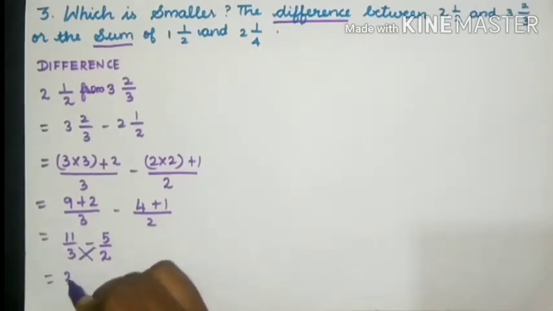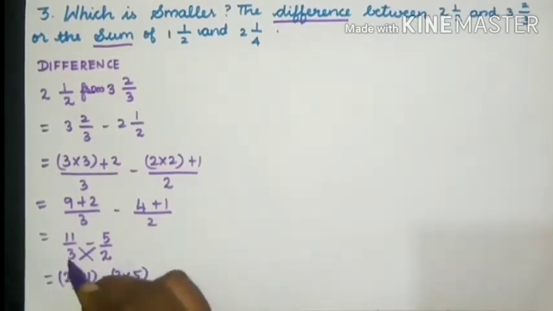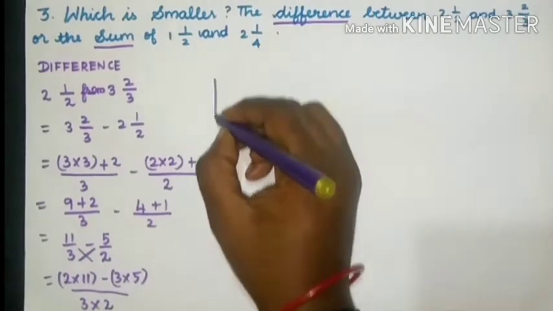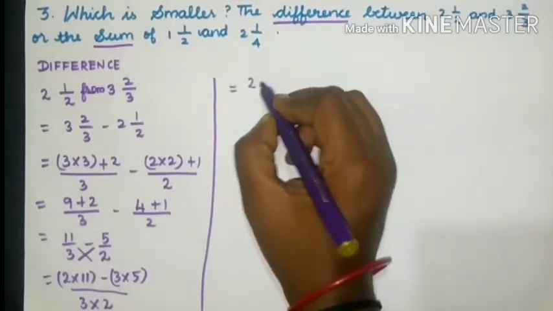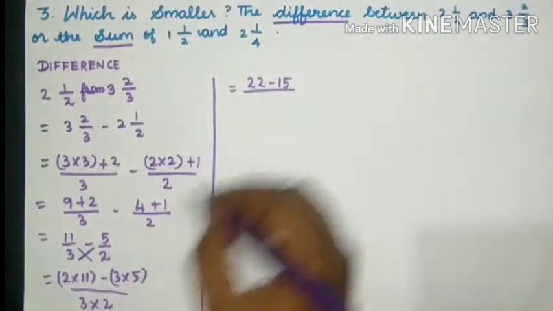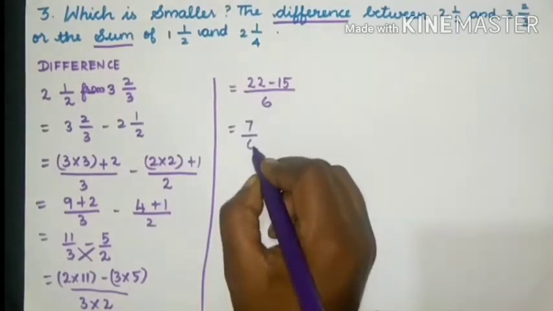That is 2 into 11 minus 3 into 5 divided by the multiplication of denominators 3 into 2. 2 11s are 22 minus 3 5s are 15 divided by 3 2s are 6. 22 minus 15 is 7. 7 by 6.